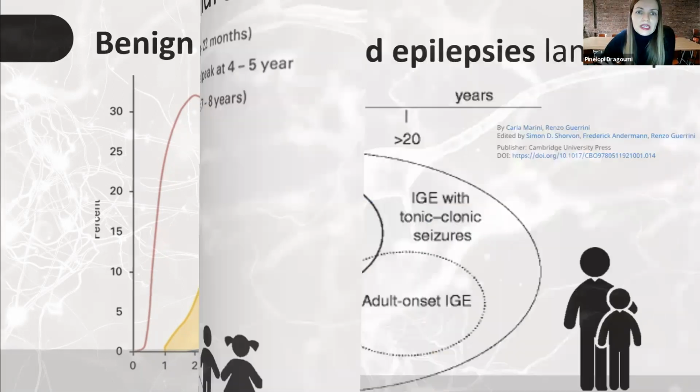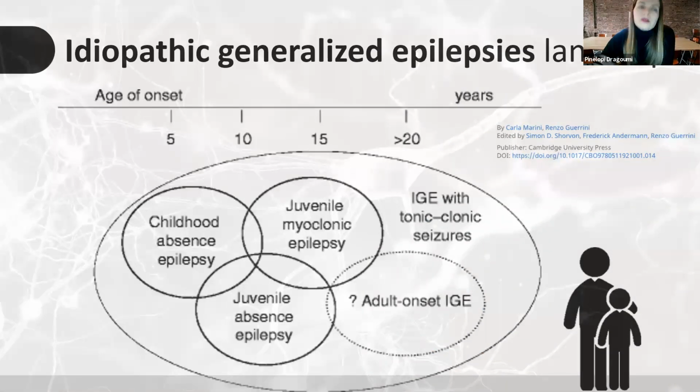Then a little bit later on, we have the generalized epilepsies landscape, of course, in school age years. The most commonly seen and recognized generalized epilepsy is childhood absence epilepsy.